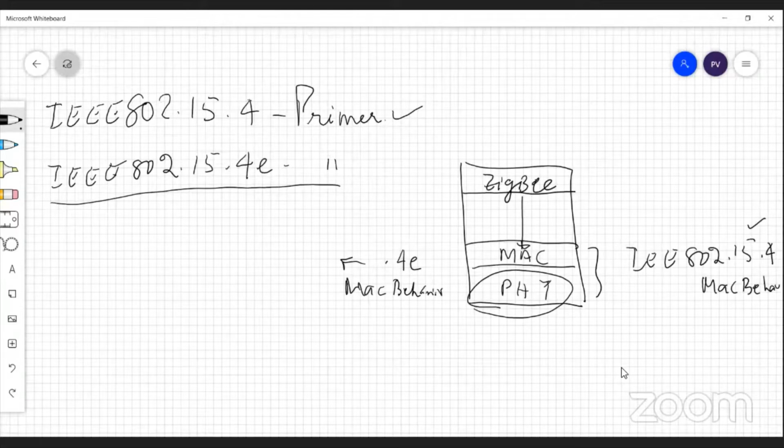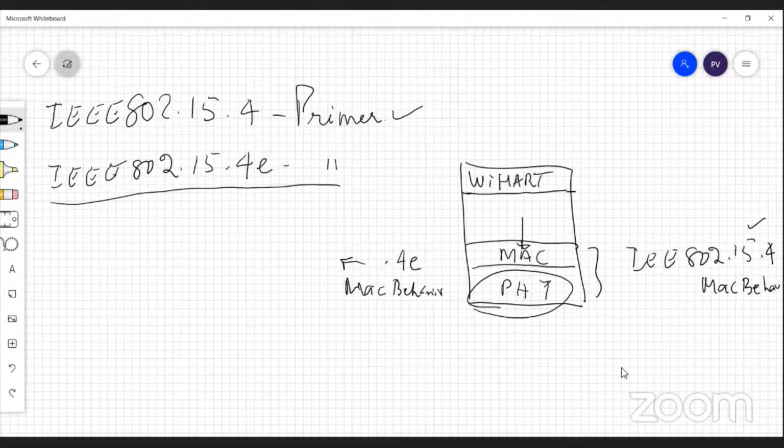The whole thing together is tightly tied to this MAC and PHY layer. Now, you can also have a situation where ZigBee need not be the one that is exploiting the lower layers. It can also be the industrial WirelessHART, Highway Addressable Remote Transducer.